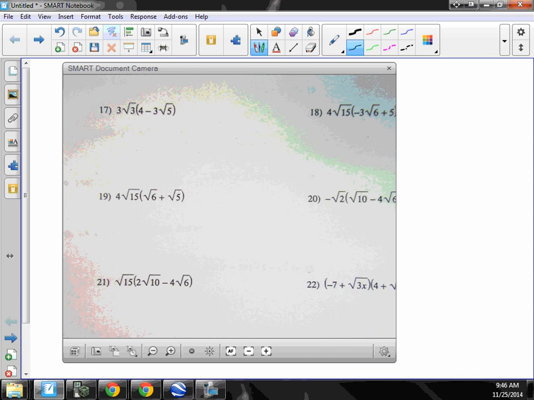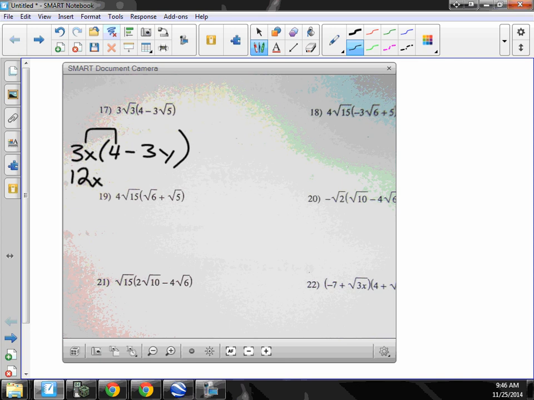So imagine this said 3x times 4 minus 3y. What would I get if I multiplied those together? 12x, and those would give me minus 9xy.